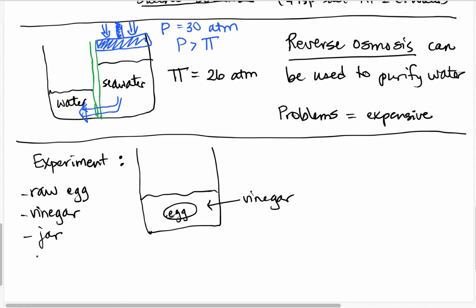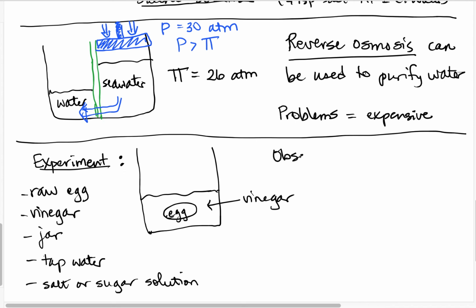For the second part, later, you might need tap water, and then either a salt solution or a sugar solution. And I'll talk more about what that is a little bit later. But it would be a great review for you to first make observations of what happens when you put the egg in the vinegar, and leave it in the vinegar at least overnight.